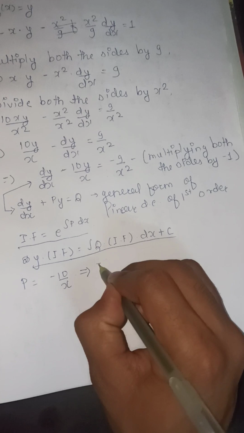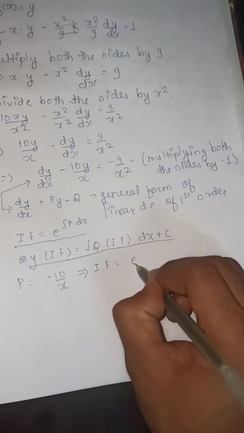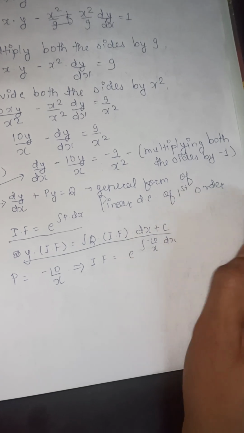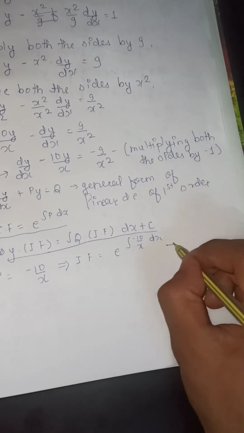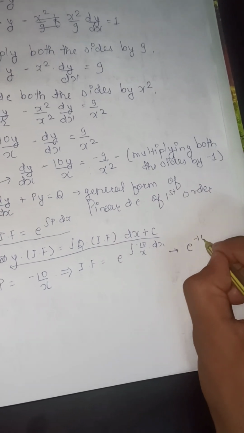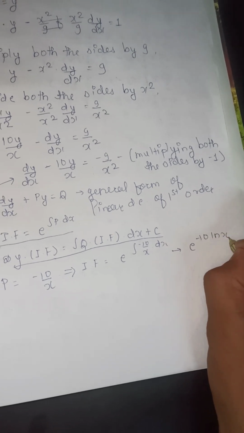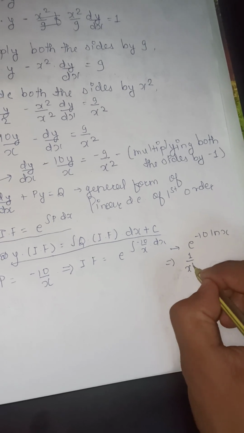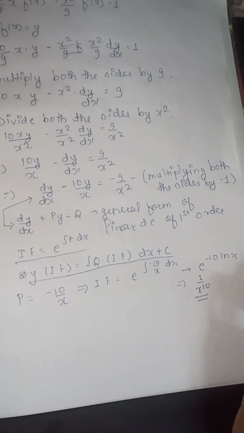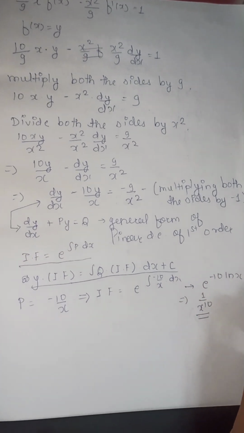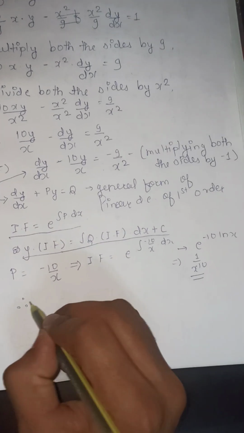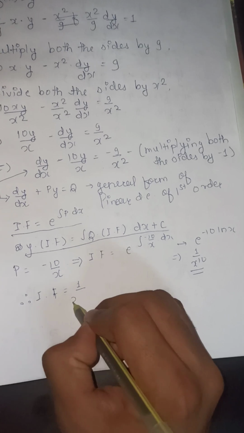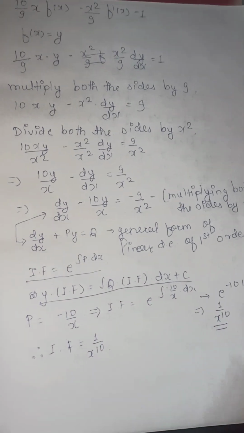So it implies our integrating factor to be e to the power integral of minus 10 upon x dx, and it will come out to be e to the power minus 10 ln x. So you will get it as 1 upon x to the power 10. Therefore integrating factor came out to be 1 upon x to the power 10, right?